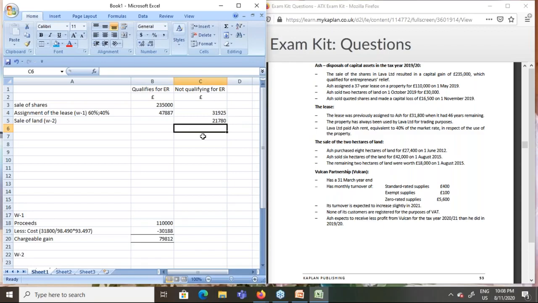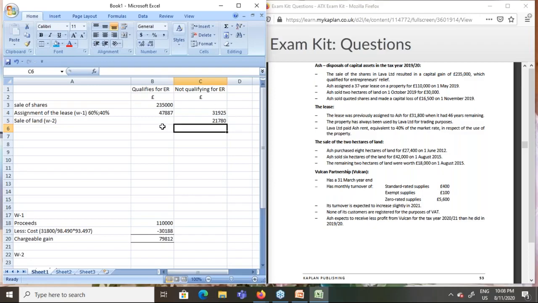As much as you can, try to bring down this gain, because if you do not reduce this gain, since it does not qualify for ER, there's a higher possibility it will be taxed at the higher rate of 20%.